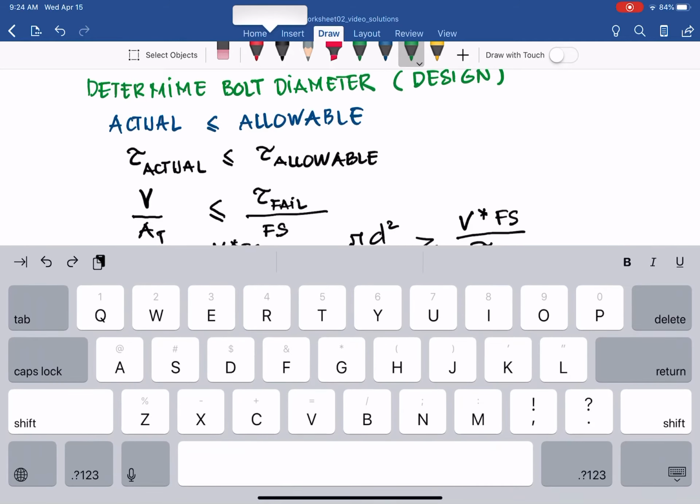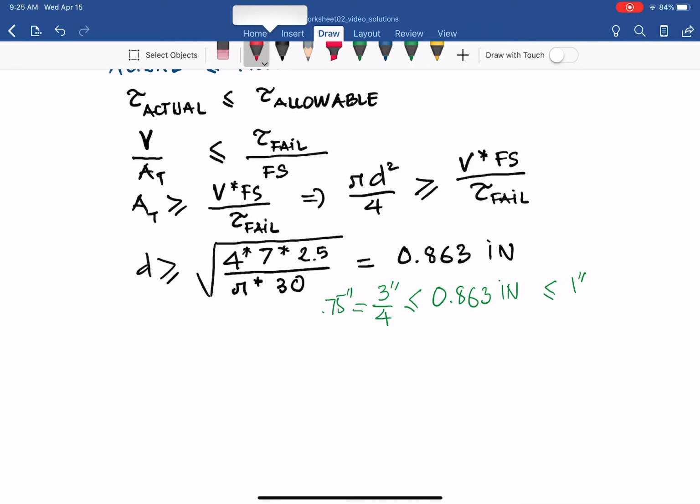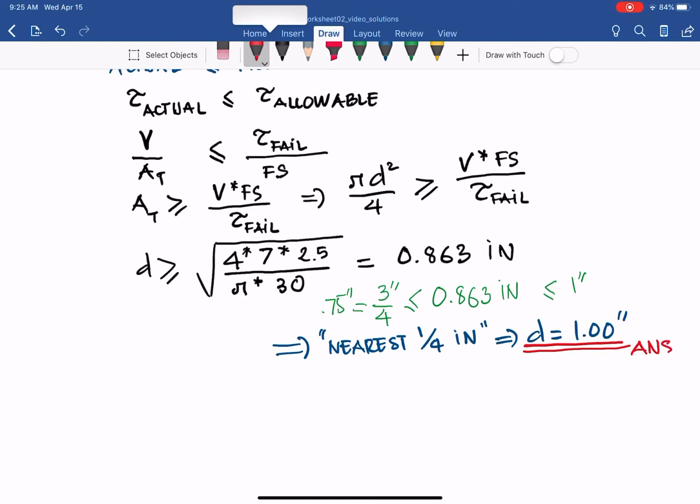So from that, you select the nearest 1/4 inches, and you will have the diameter equal to 1.0 inches. That's the answer.